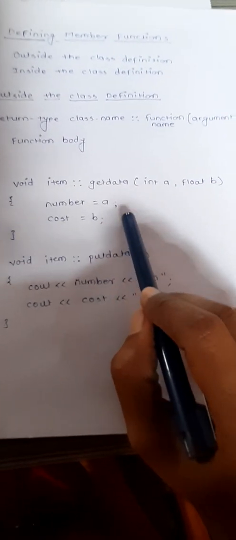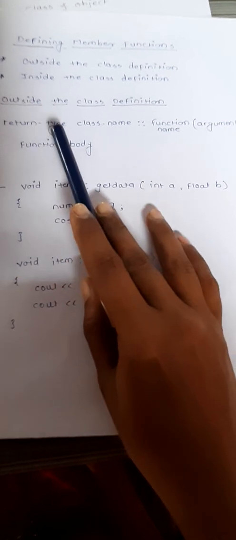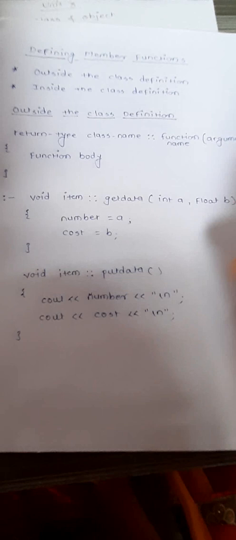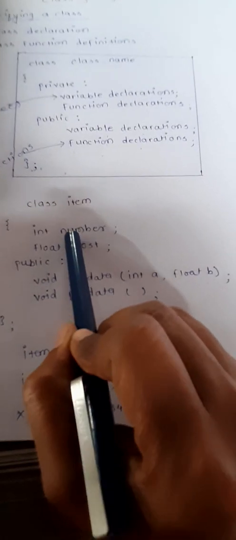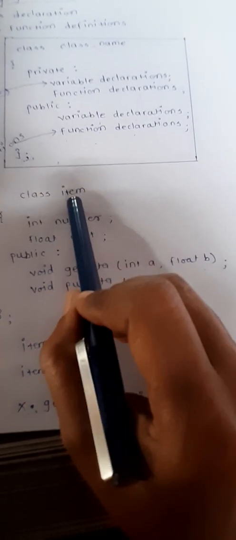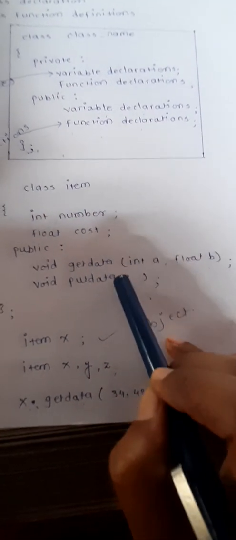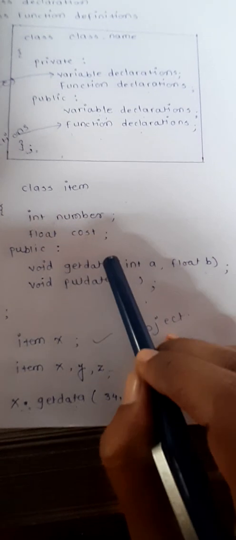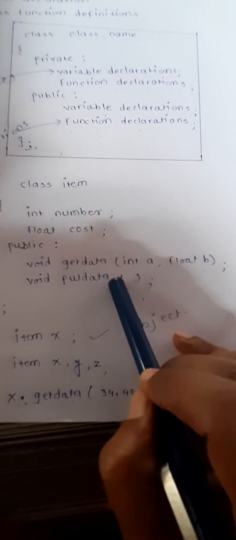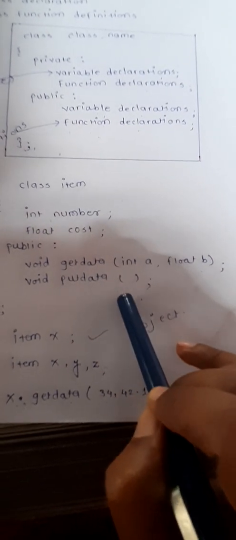In this example, void is the return type. Then class name. In the last lecture, we saw this class atom, and this atom class contains two methods, get data function and put data function. We did not give definitions there. Those definitions we see today.